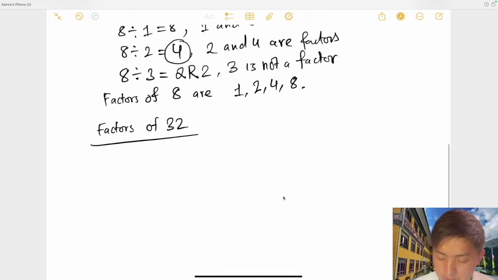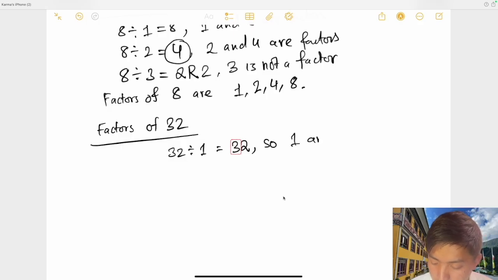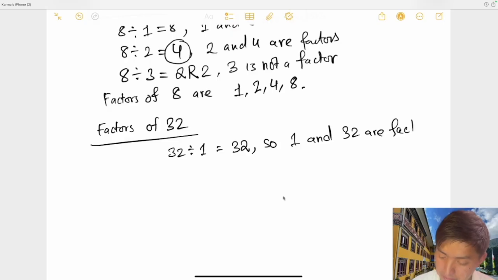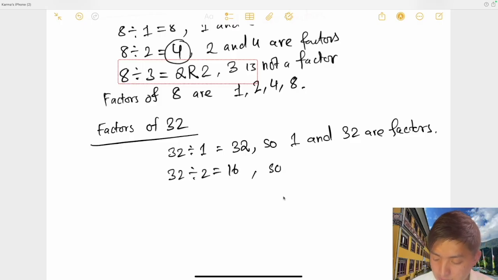Using the division method again, you'll see 32 divided by 1 equals 32. So 1 and 32 are factors. Next number would be 32 divided by 2, which is 16. So 2 and 16 are factors.